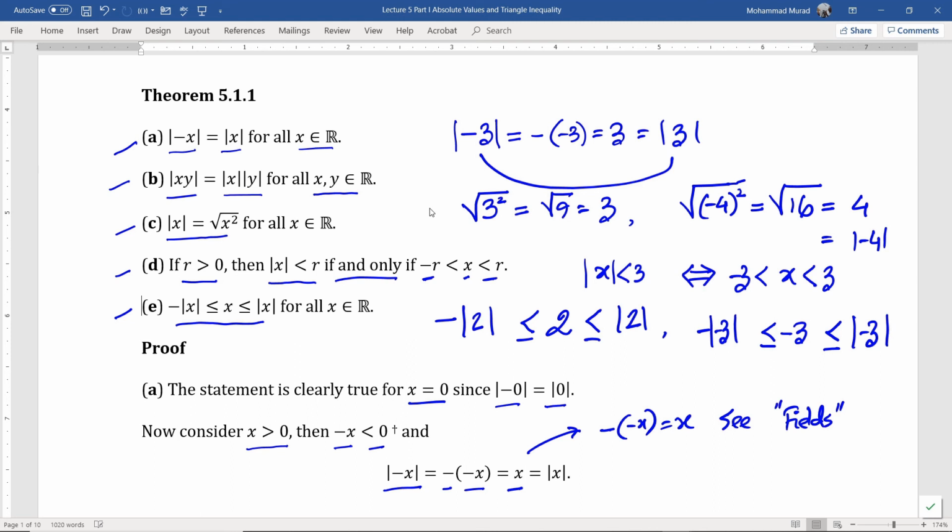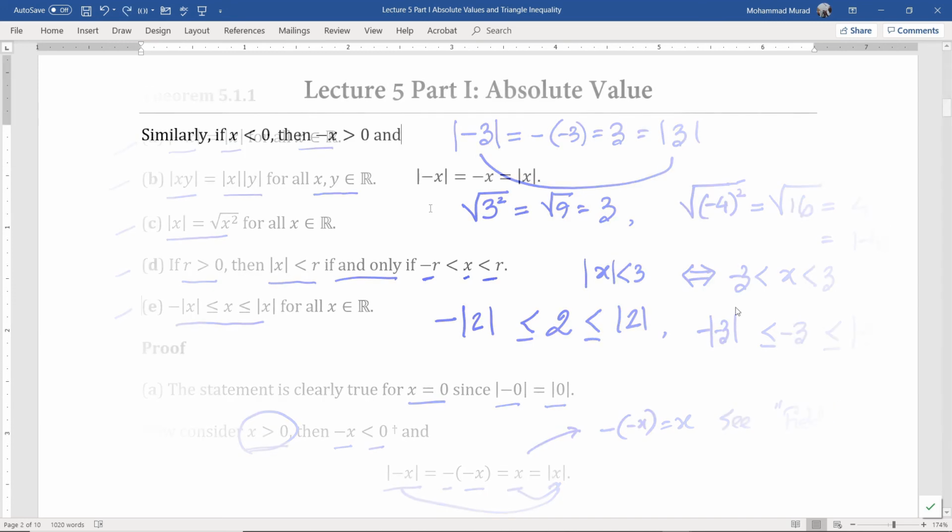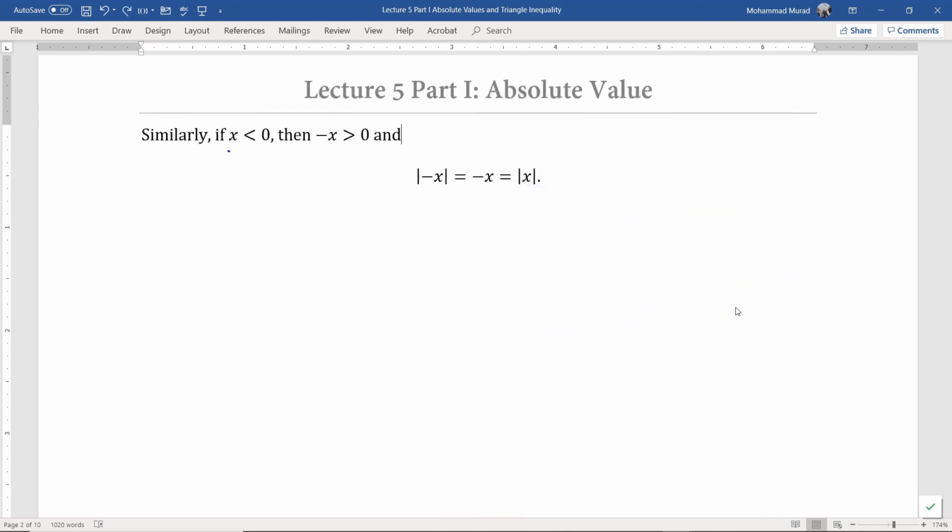But since x is positive, it must be equal to the absolute value of itself. So we proved that for the case of a positive real number, the absolute value of negative x must be equal to the absolute value of x. Similarly, if x is negative, then minus x must be a positive real number. Please see the notes on fields.